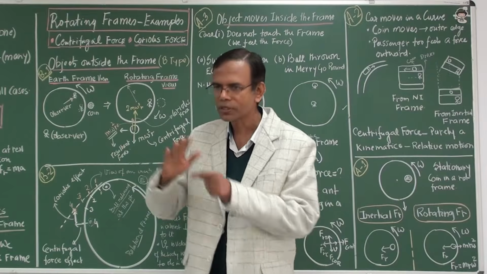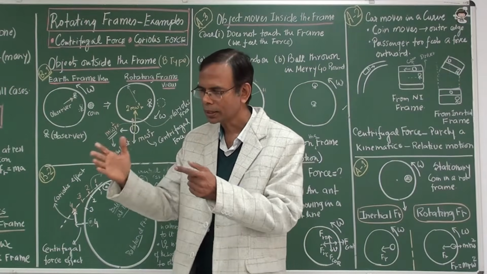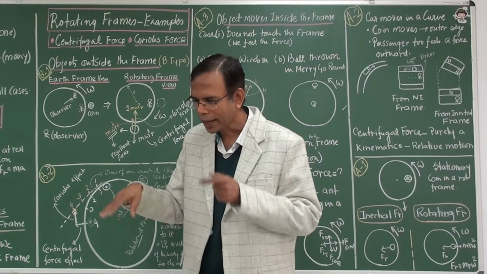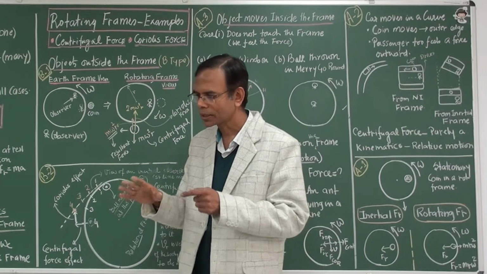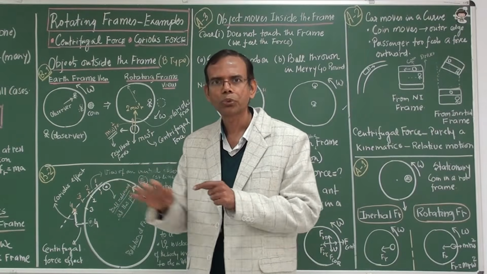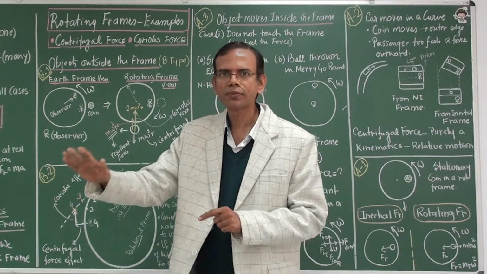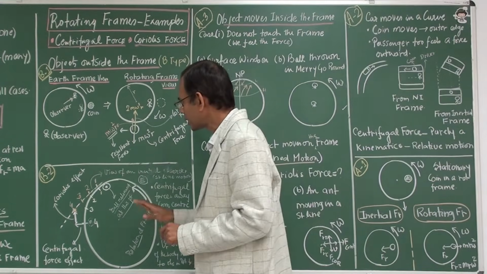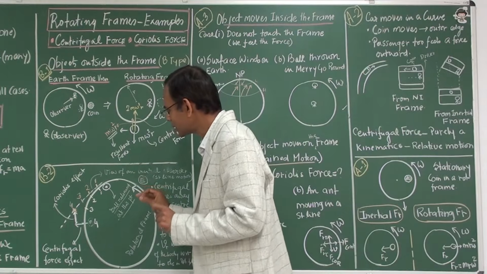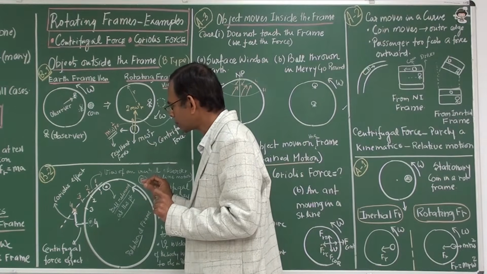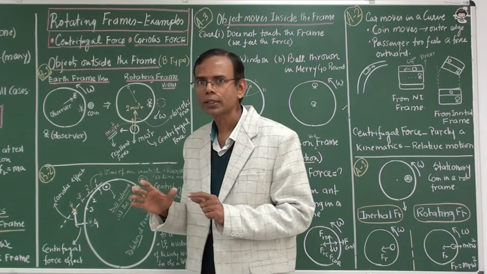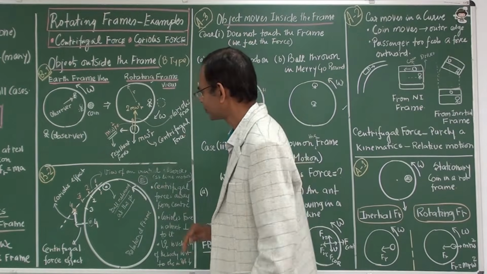So how am I observing it? It is basically purely kinematics, I mean relative motion, how the observer in the rotating frame observes the other body. And it is really good to see when there is no other force.